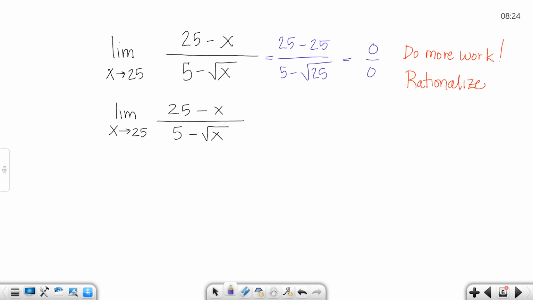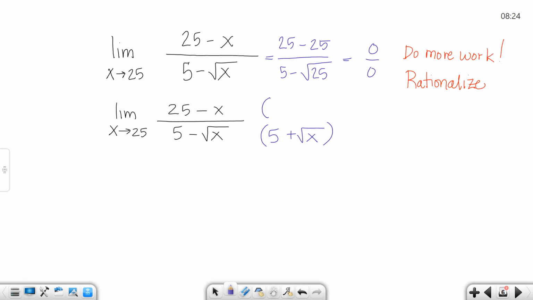The way that you get the radical out of the bottom is you multiply by something called the conjugate. The conjugate is the exact same two terms. So I have a 5 and a square root of x, just like in my problem, except you pick the opposite sign. So in my problem, my sign is negative. In my conjugate, the sign is positive. So I'm going to multiply by 5 plus the square root of x.